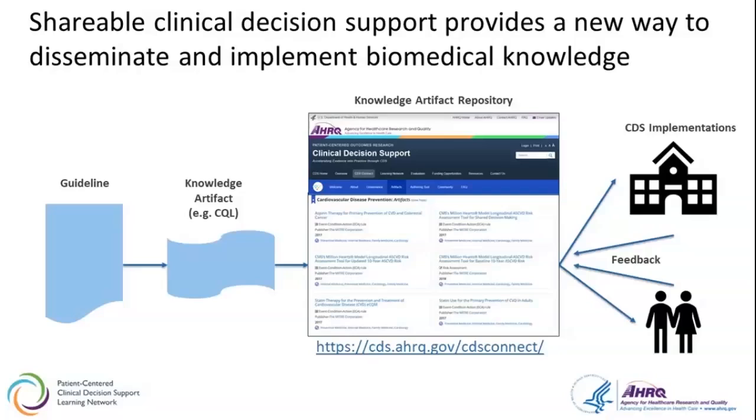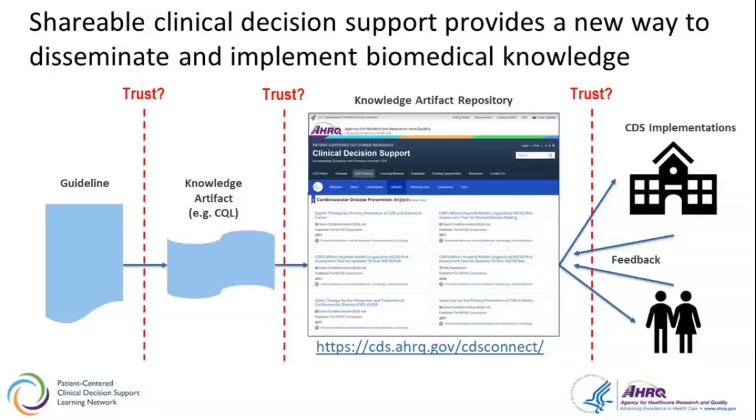However, along the lines of this value chain, both left to right and right to left, I think you can understand why or how there may be challenges or issues of trust. So from the far left, how do we trust that a guideline went through that transformation process in a reliable manner? Who made the translation? How are future translations to be maintained?